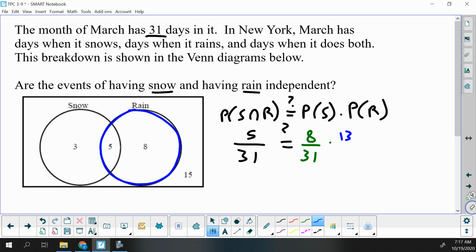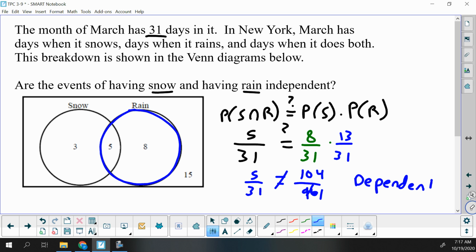Inside that rain circle, we have 13 out of 31. And we'll type in each side. When we type in the left, it does not reduce. When we type in the right, we get 104 out of 961. Those are not equal, so we would say they are dependent.